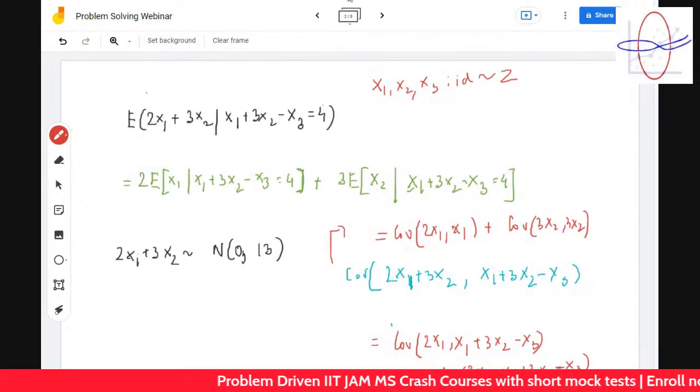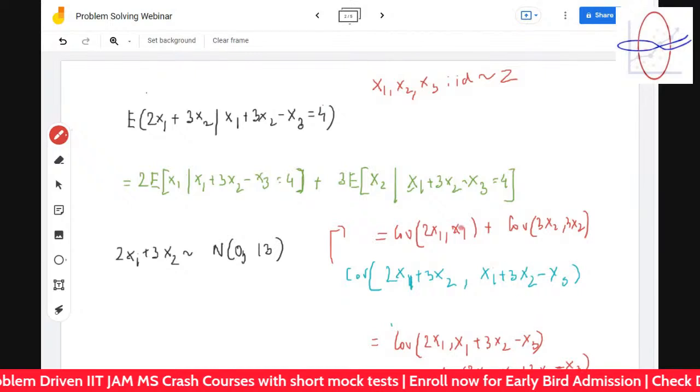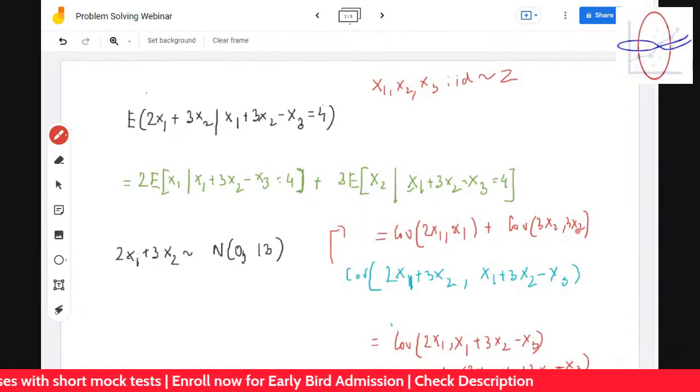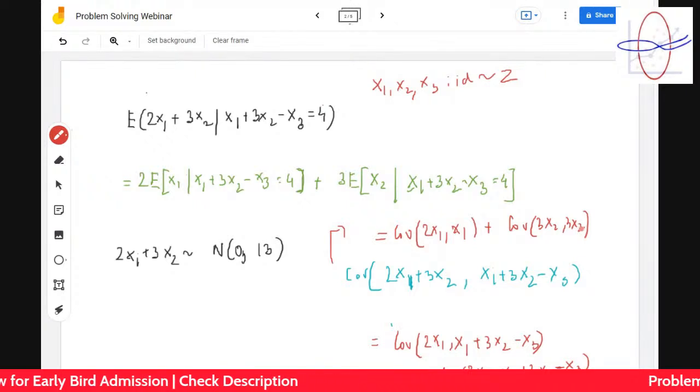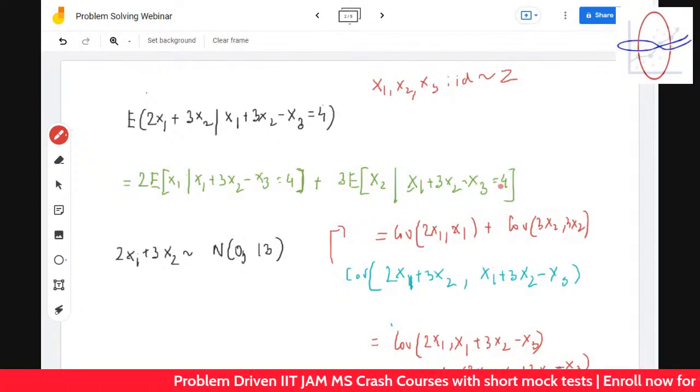Do you understand that? Yes, sir. So now you can easily check that it's equal to twice the variance of x1 plus 9 times the variance of x2, which are positive. Therefore it's not 0, and therefore they are dependent on each other, right?